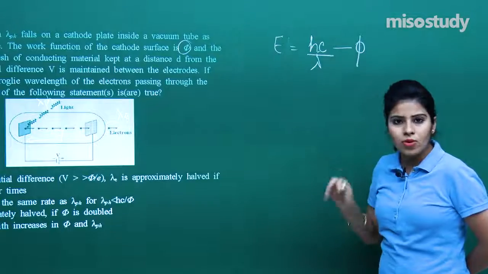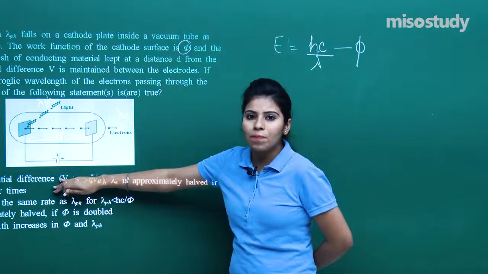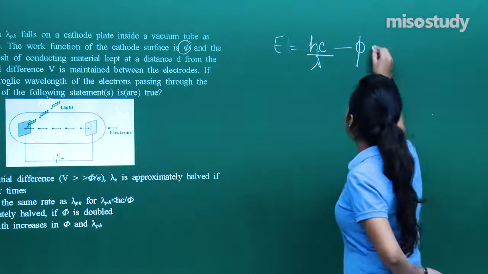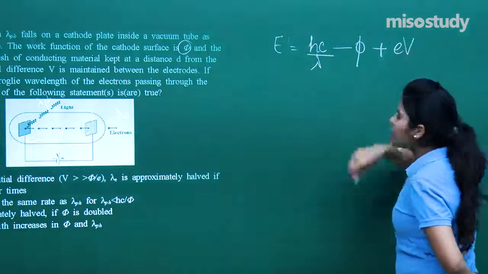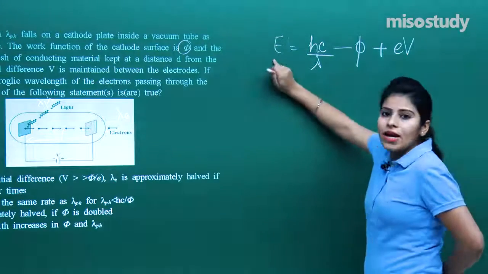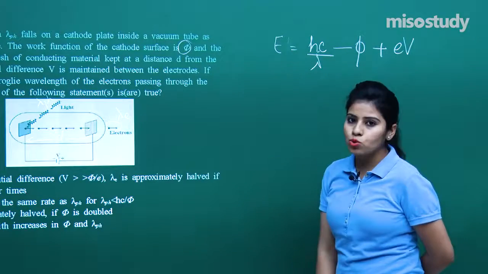Right? This is the equation. Now because potential difference is also applied, we have to add an extra energy, and that would be eV.